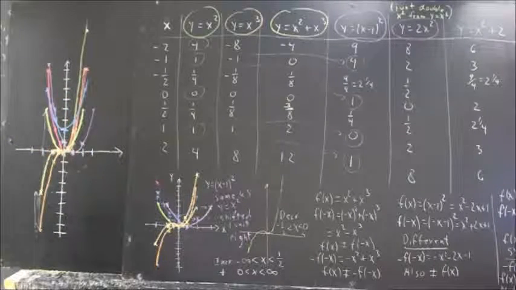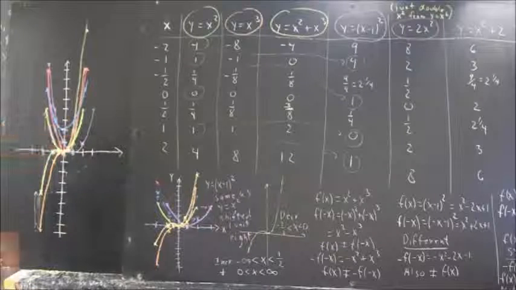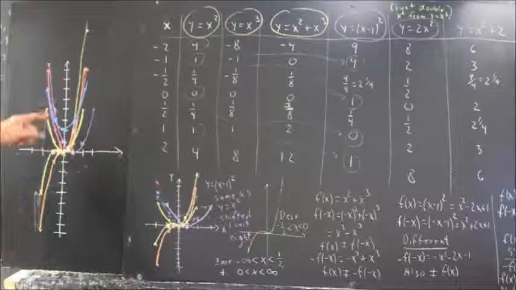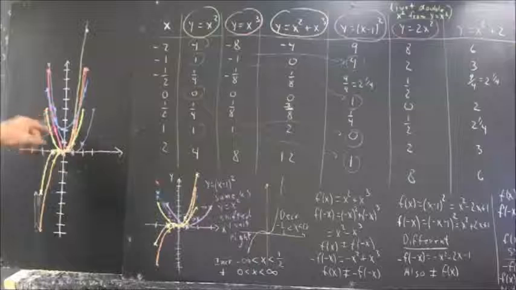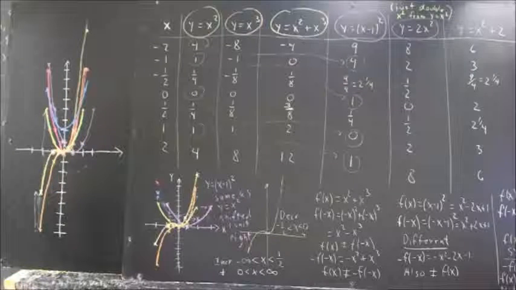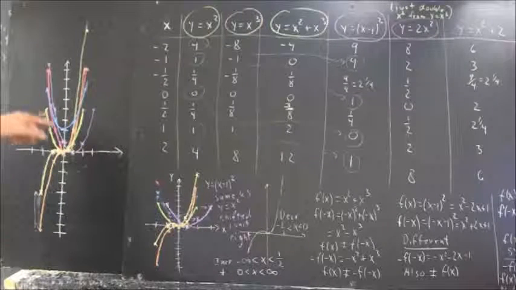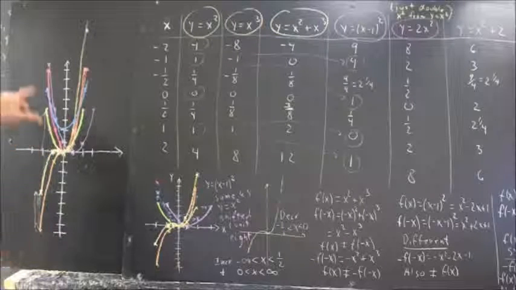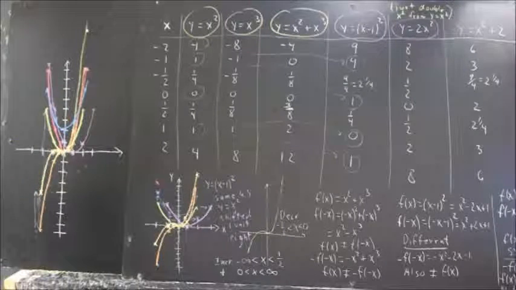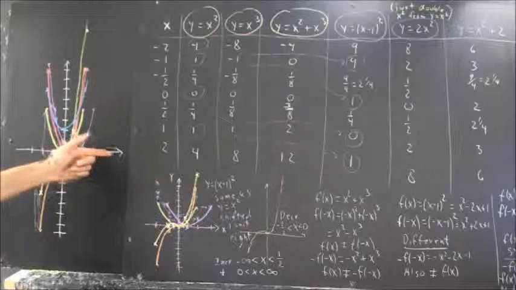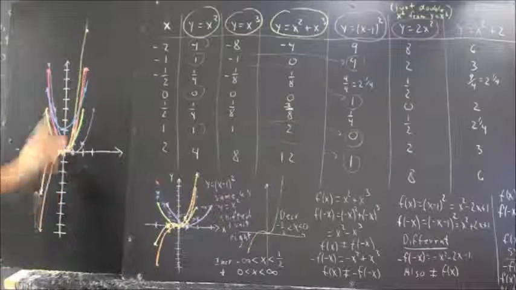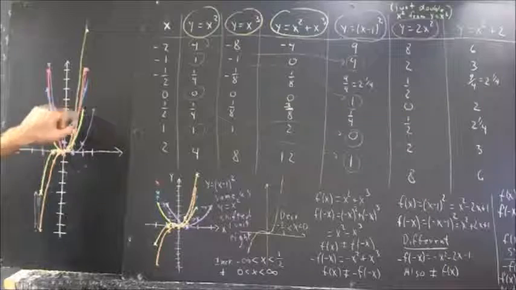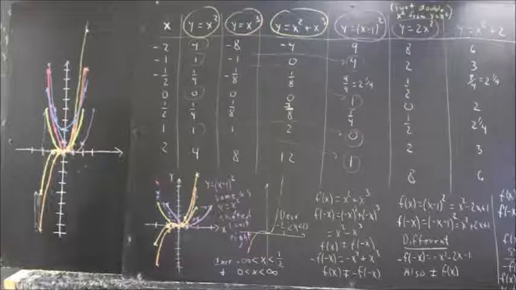Now let's note that we have our green graph, that's our y equals x squared graph, our purple graph, which is our y equals x minus 1 quantity squared, and our blue graph, which is y equals x squared plus 2. Those graphs all appear to have the same shape. It's just that one is shifted 1 unit to the right, another shifted 2 units up from the basic y equals x squared graph.